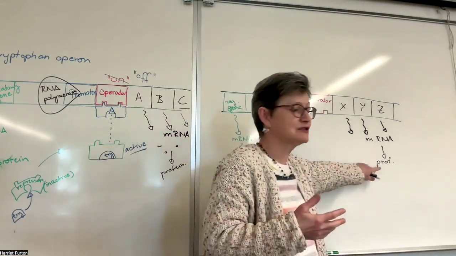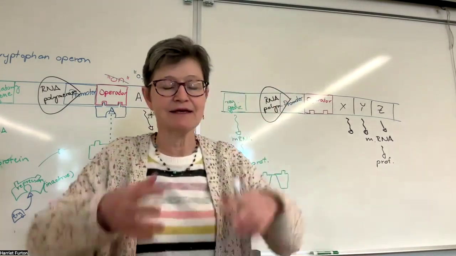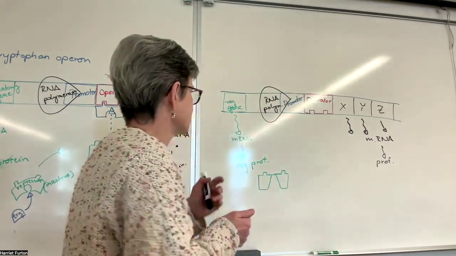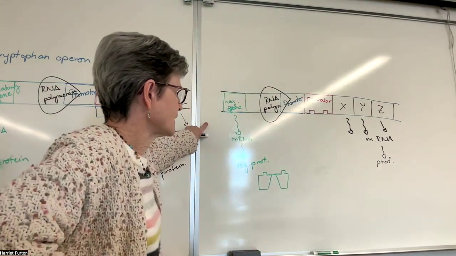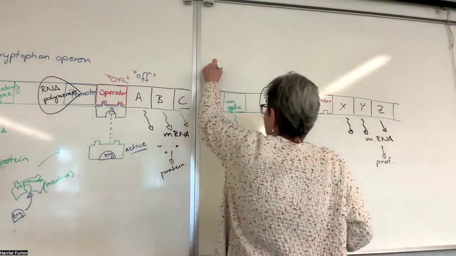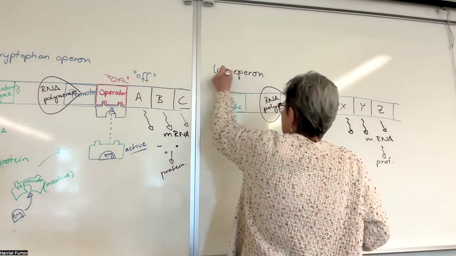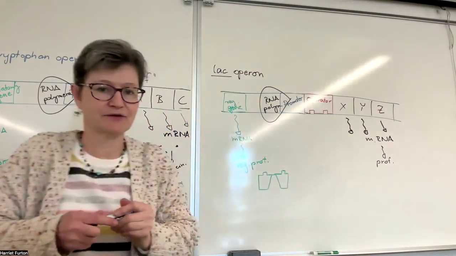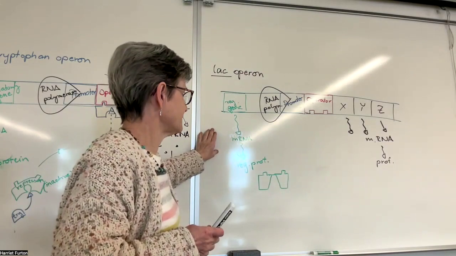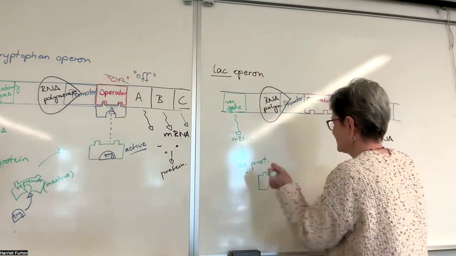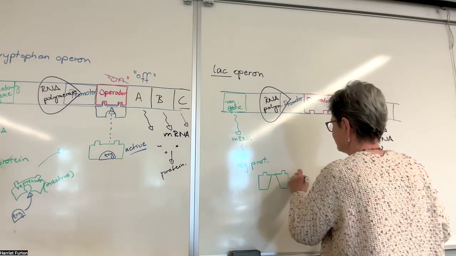That's why it needs to make proteins to break down the lactose into monosaccharides. So it's called the lac operon. Lac stands for lactose.